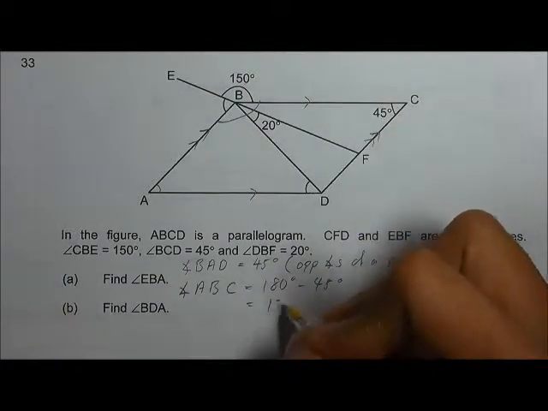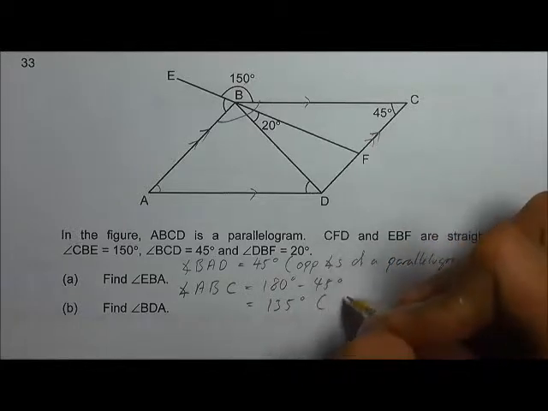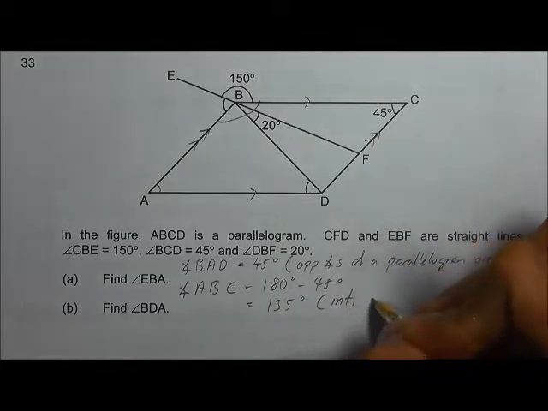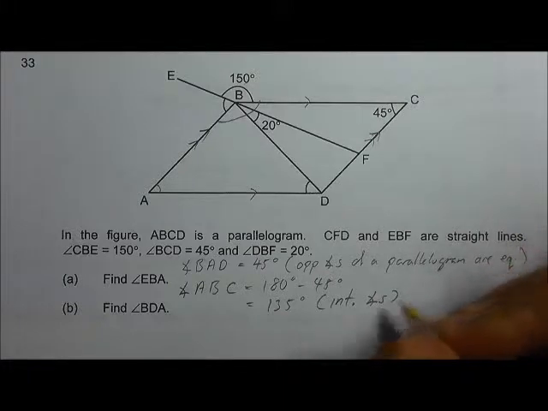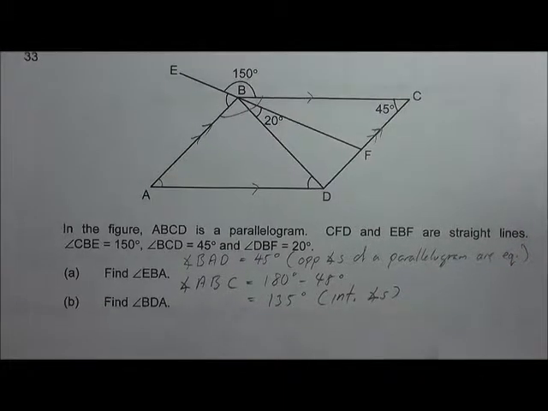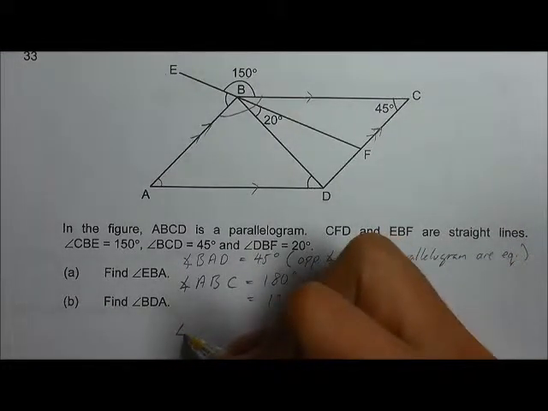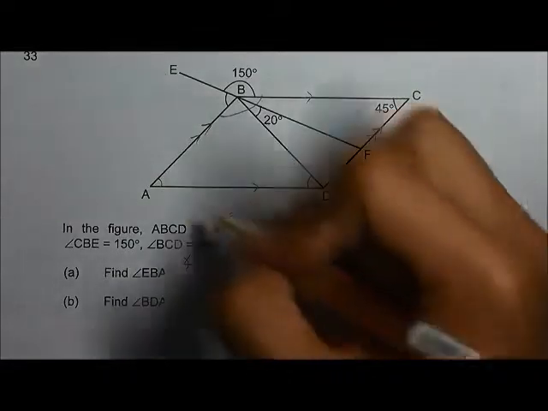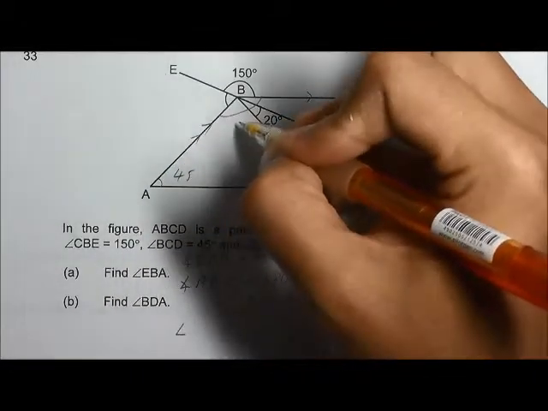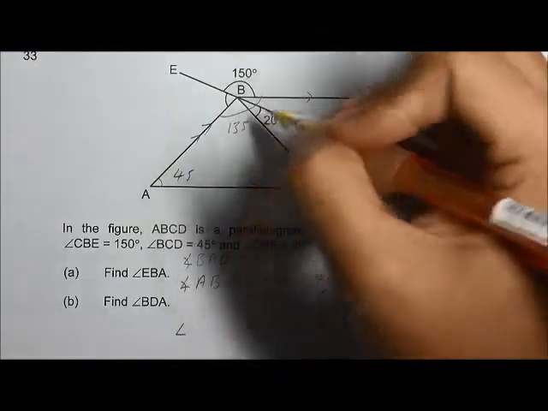We will have 135 degrees. Okay, this is due to interior angles. Okay, after that, let us label the angles found, 45, and this is 135.